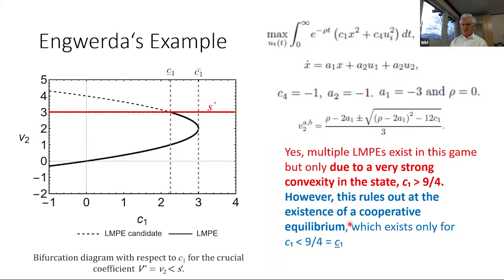And by not existing, I do not mean any subtlety about sufficient conditions or something like that. It's simply that the root that you have to take to compute the coefficient V2 would be imaginary, would be complex. Okay, so yes, we have a counterexample, but from an economic perspective, it's useless because it would presuppose that the cooperative solution does not exist.